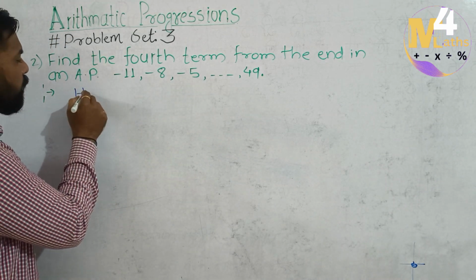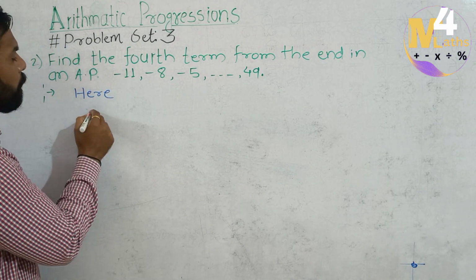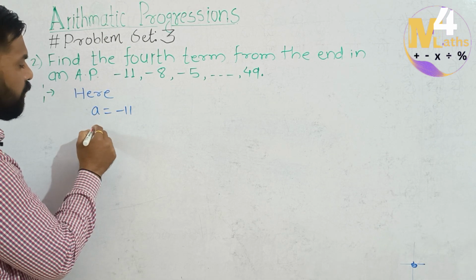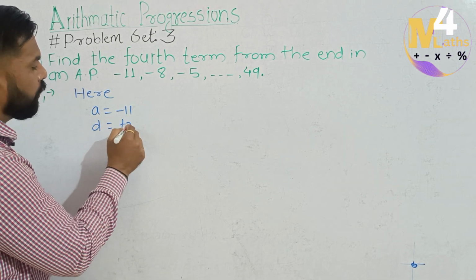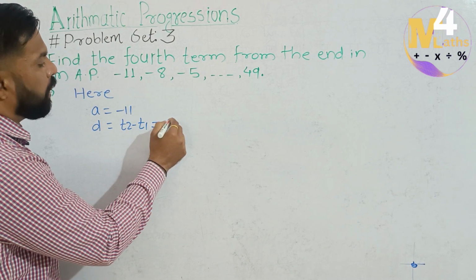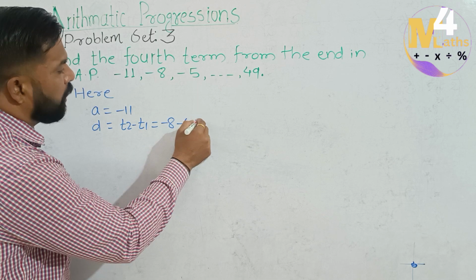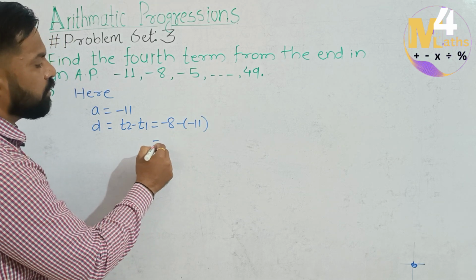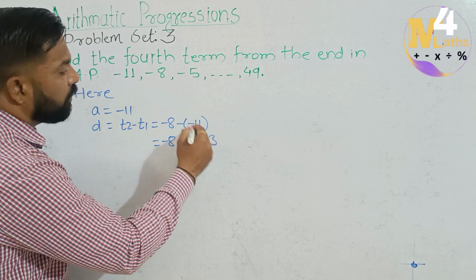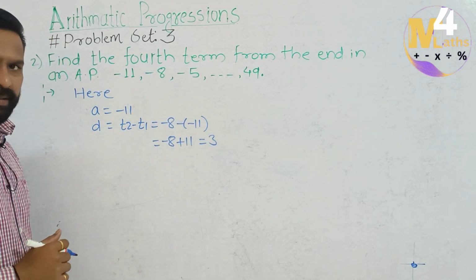Here you can simply write a, or A directly, equal to minus 11. d is equal to T2 minus T1, which is equal to minus 8 minus of minus 11, which is equal to minus 8 plus 11. d we found as 3.